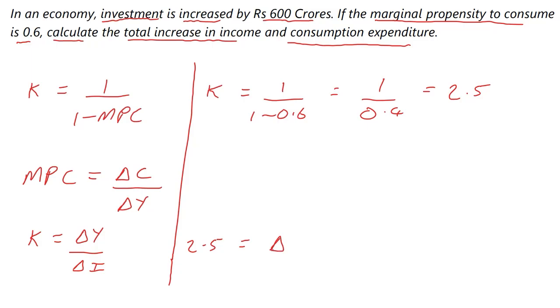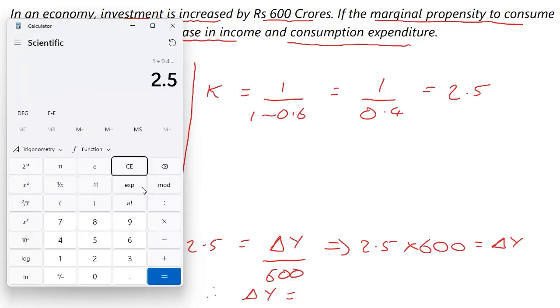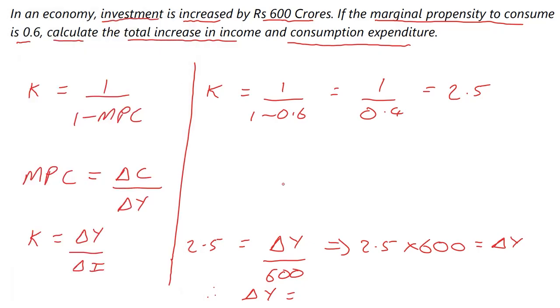I do not know what the change in income is, but I know the change in investment is 600, which is over here. Division goes outside, it becomes multiplication. So 2.5 into 600 is equal to delta Y, and therefore delta Y is 1500 crores. The change in income is 1500.